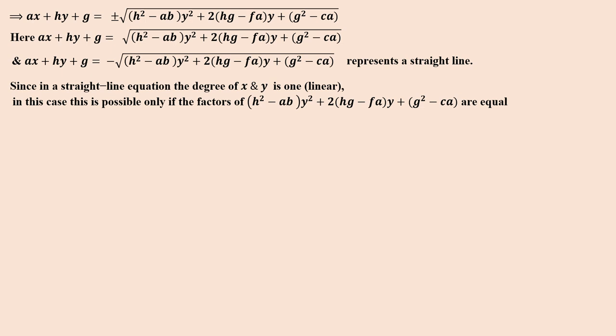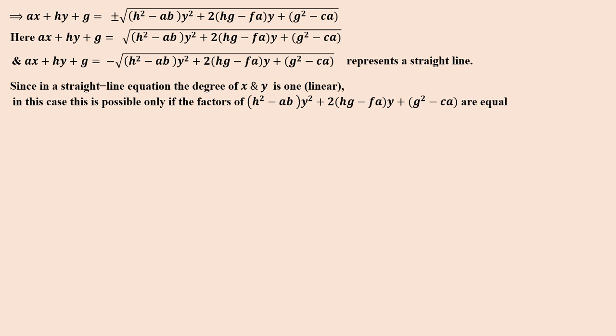So if possible, the factors of (h square minus ab) into y square plus 2 into (hg minus fa) into y plus g square minus ca are equal. The factors are equal. So equal means you will get x minus a whole square, for example, right? x minus a into x minus a, or y minus a into y minus a, right? If the factors are equal, then y minus a whole square, within the square root, you will get y minus a only.